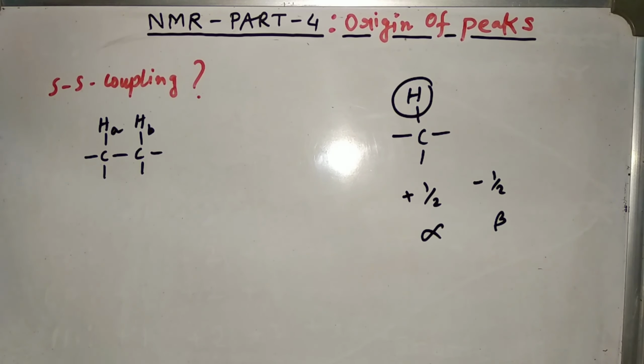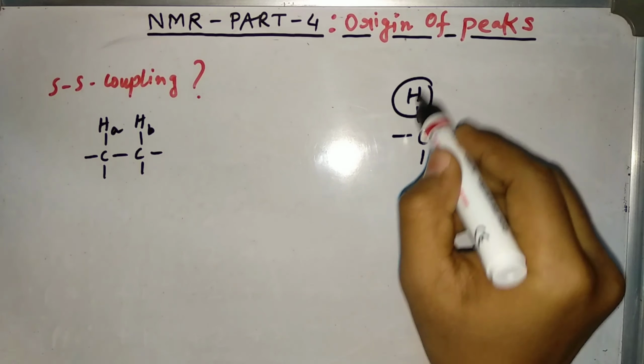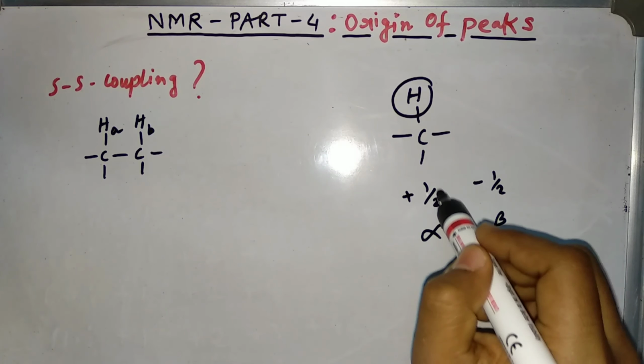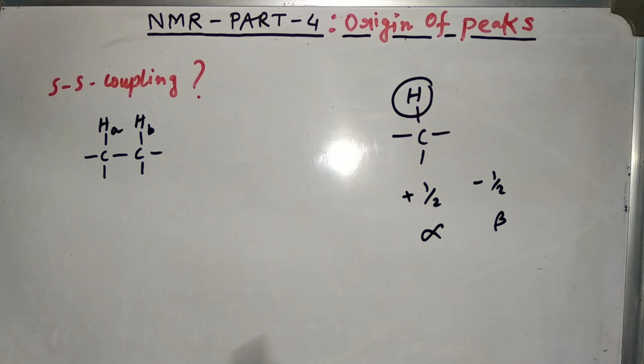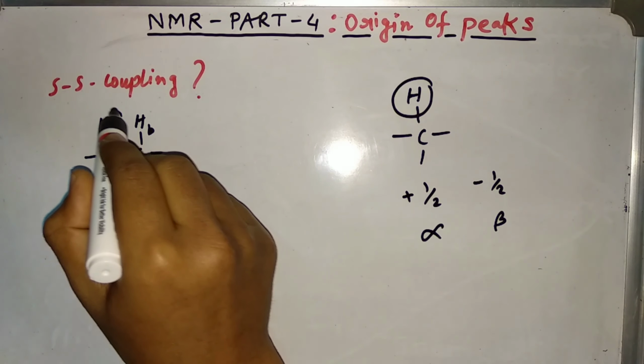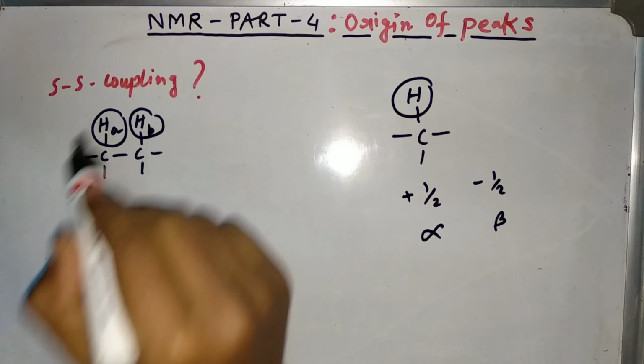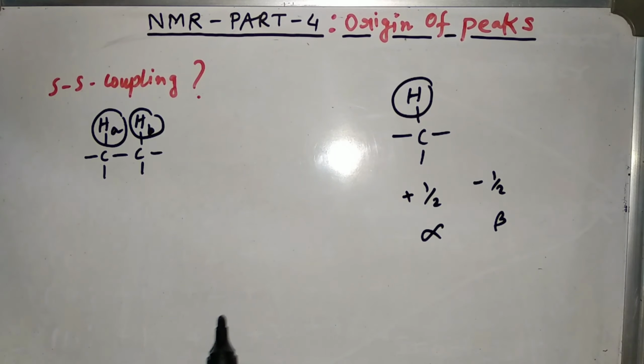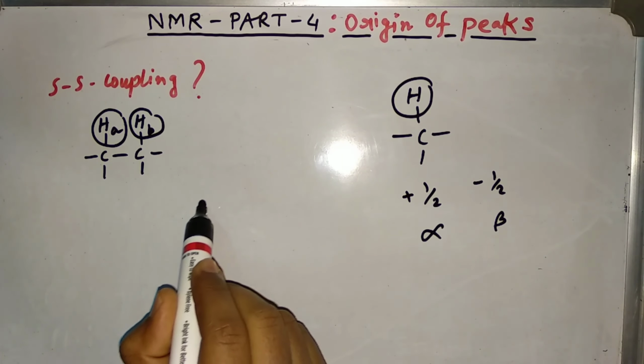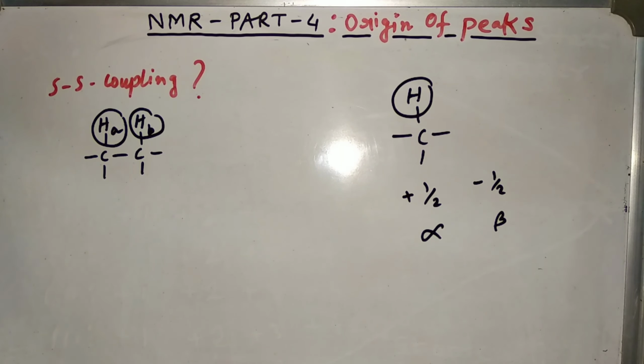So suppose this is H alpha or H beta, with spin plus up or minus up. Now this hydrogen and this hydrogen couple, and after coupling they will give the NMR peaks. This is the basic theory. So how will they couple, how will they give the NMR peaks? To know this, just keep watching.